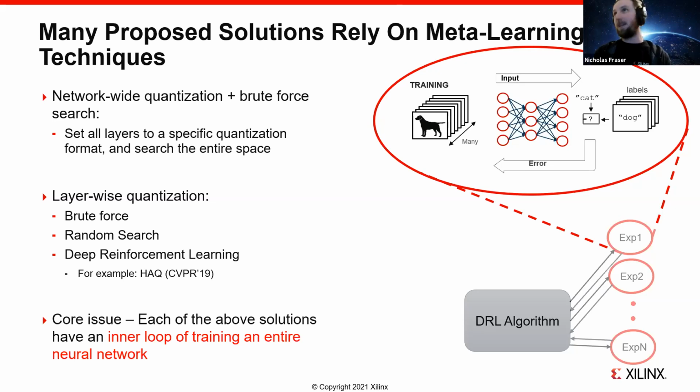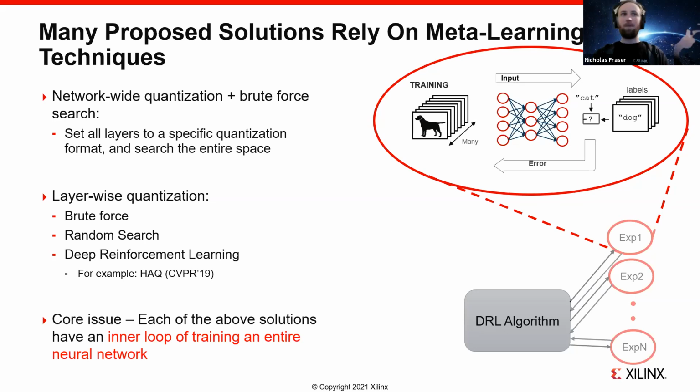Well, obviously, as soon as you get to a non-trivial network, you're going to get exponential growth there, right? And it's going to take you extremely long amounts of time and GPU hours to actually do this. Other techniques that people have proposed are things like deep reinforcement learning.